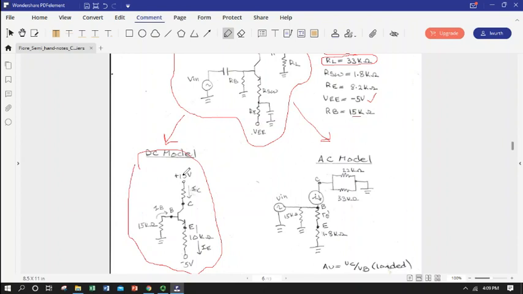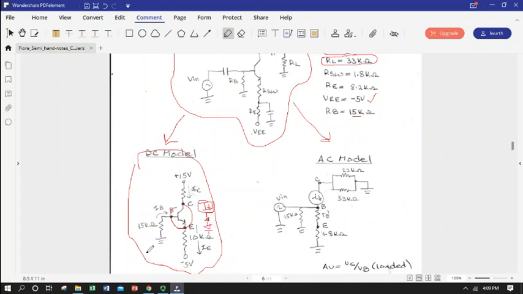We've got our supply, we've got our big R sub C going into the collector. I just have the BJT here, but really we would have our DC current source going into the base, and then a diode representing the base emitter junction.